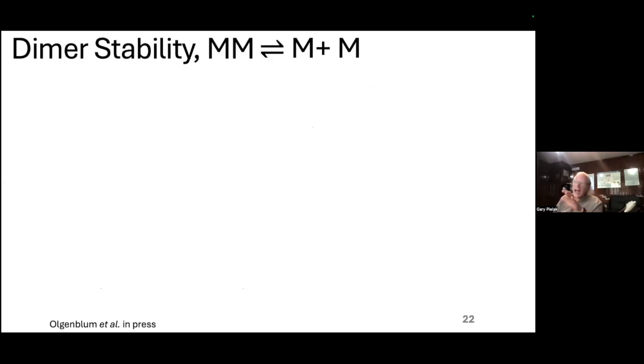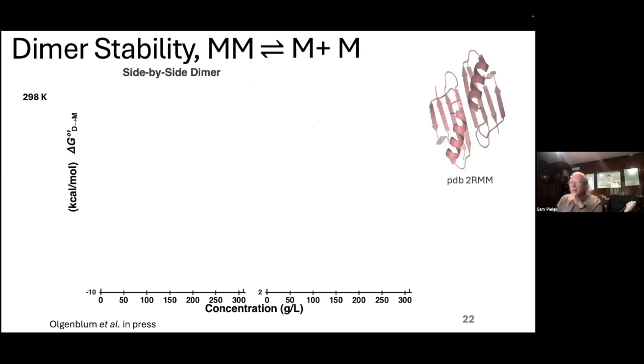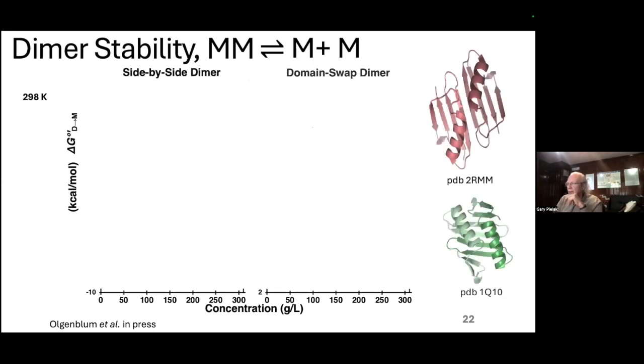Now, turning to dimer stability, again, we have concentration on the x-axis. We're going to talk about the free energy on the y, and this is at just 298 K for the side-by-side dimer and for the domain swap dimer, and with all these different PEGs.